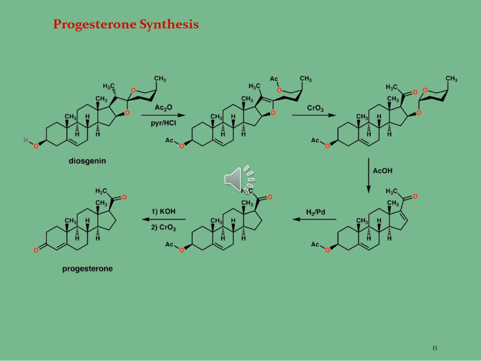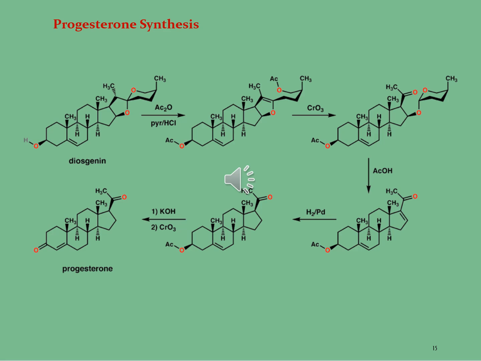The second intermediate is further treated with chromium trioxide, which is used for the cleavage of the tetrahydrofuran moiety present at carbon 17 of the four-membered rings of the basic steroid structure, and in this way the rupture of the ring of the tetrahydrofuran moiety is carried out.